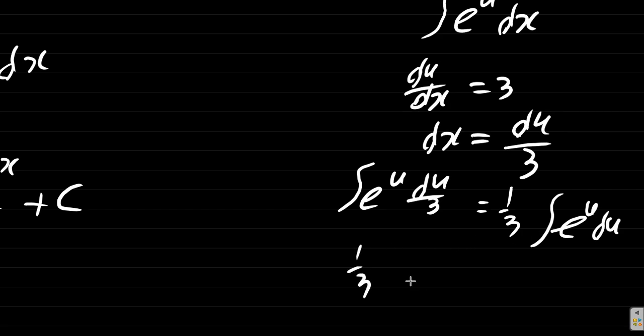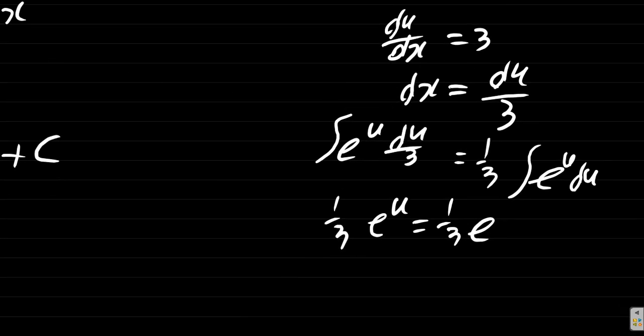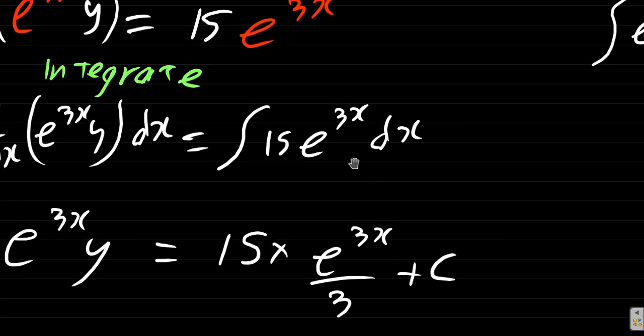So it's 1/3 e to the u, which is 1/3 e to the, what was u again? u was 3x. e to the 3x. Alright? Plus your constant of integration. So here, that's a review of the integration by substitution in order to explain what happened here.